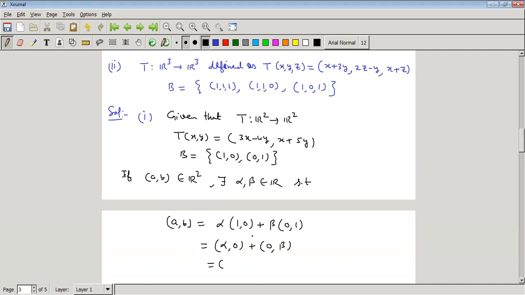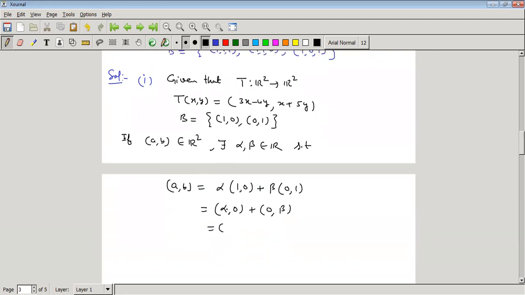And how can we add (alpha, 0) and (0, beta)? We get (alpha plus 0, 0 plus beta), that is (alpha, beta). So we get (a, b) equal to (alpha, beta), and two ordered pairs are equal if and only if a equal to alpha and b equal to beta. So here we get alpha equal to a and beta equal to b.